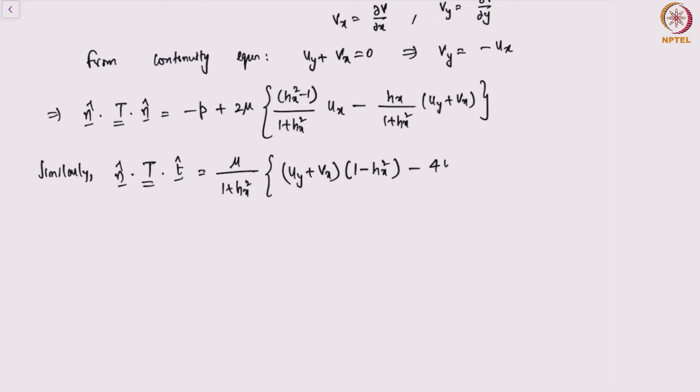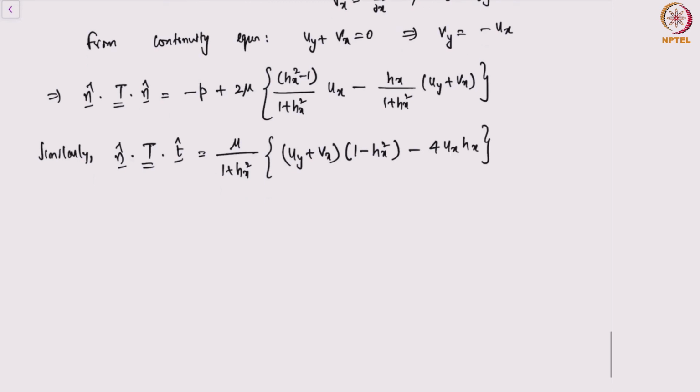This is the expression of n dot capital T dot t. So now we can write down the jump conditions at the interface.